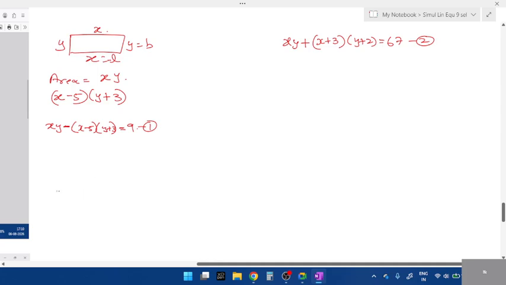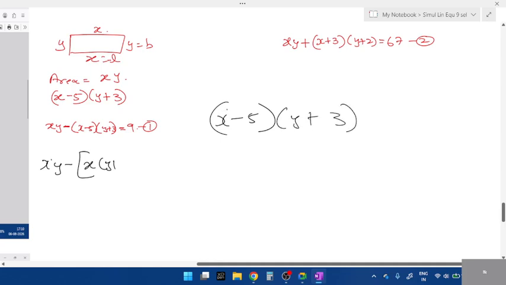Okay, so look here. Let me open the bracket: x minus 5 in bracket, y plus 3. I'll teach you this calculation. This x should get multiplied with y first and 3 next. x into y is xy.